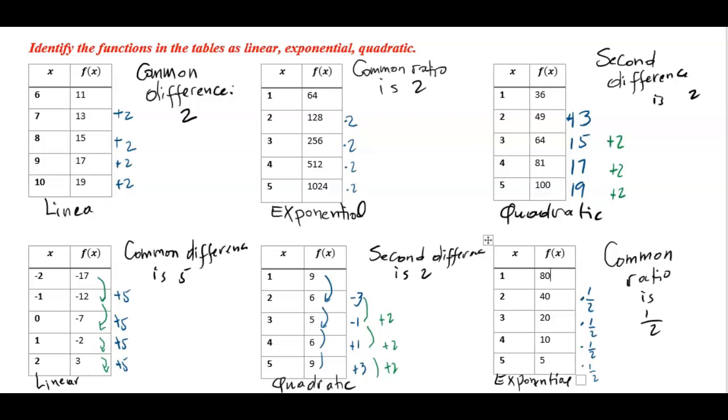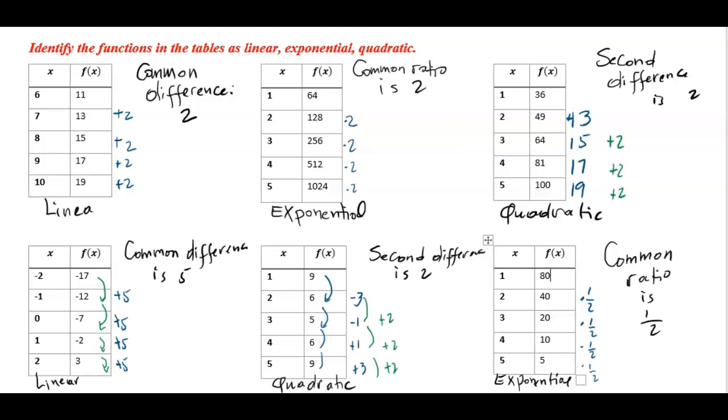Which means you add or subtract that same constant number from the previous term to get the next term. All right, and an exponential function has a common ratio. The common ratio means you multiply or divide by the same number from the previous term to get to the next term.